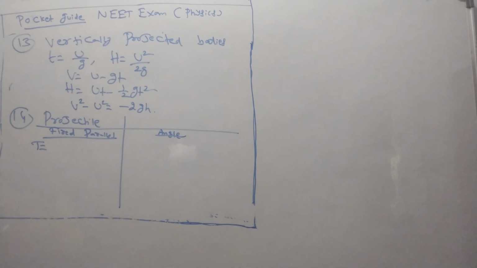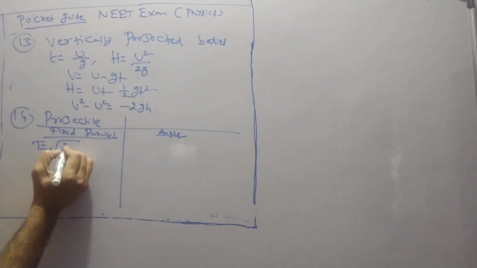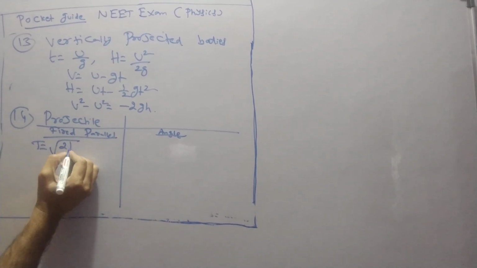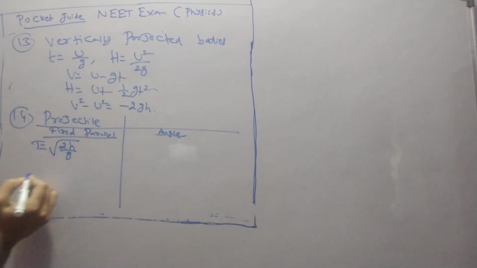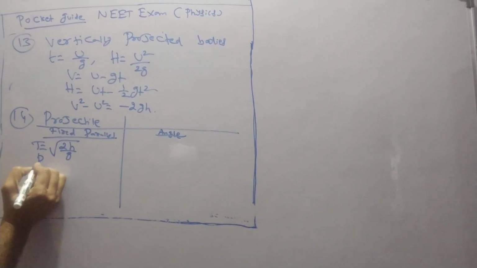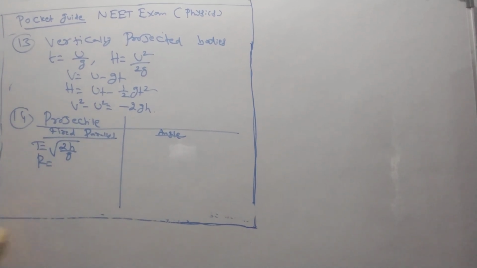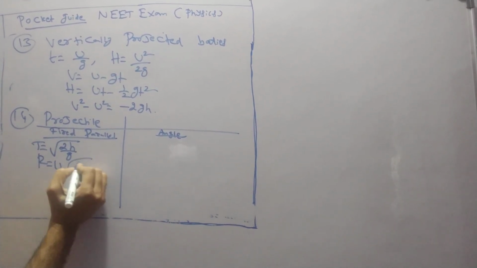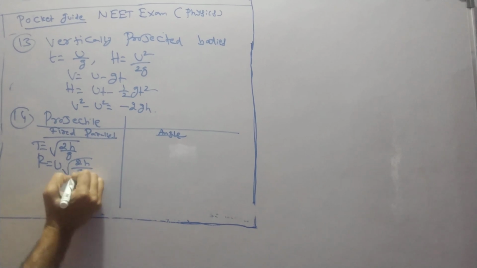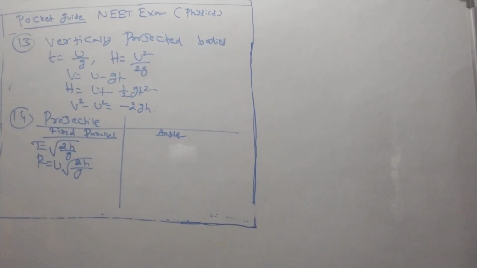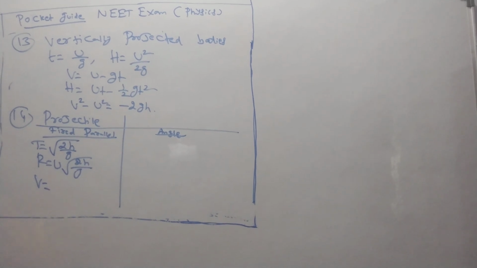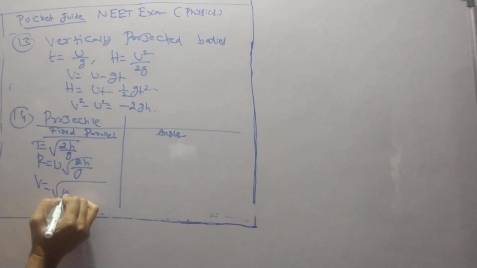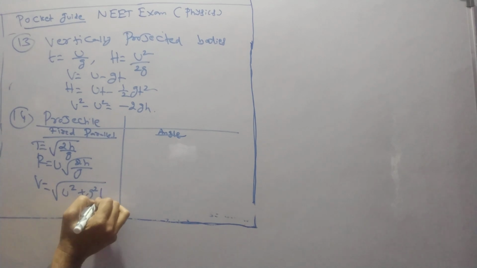The time of the flight t equal to root of 2h by g. Horizontal range r equal to u into root of 2h by g. Next is velocity, v equal to root of u square plus g square t square.